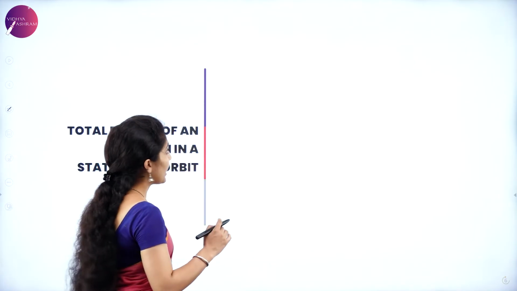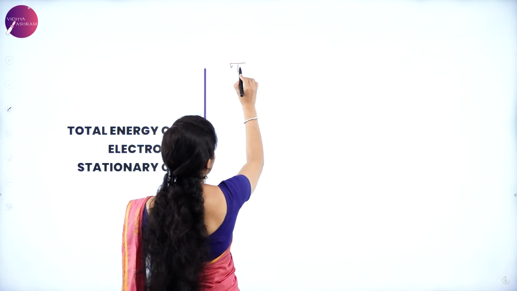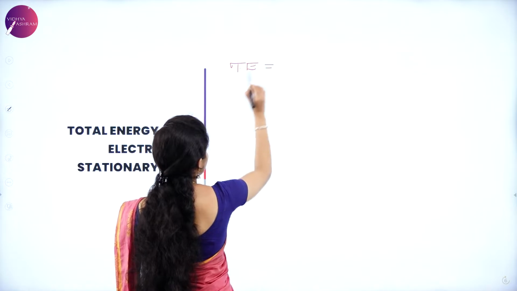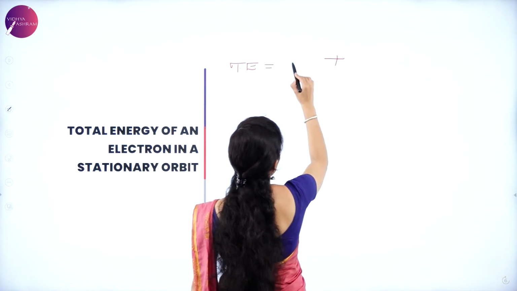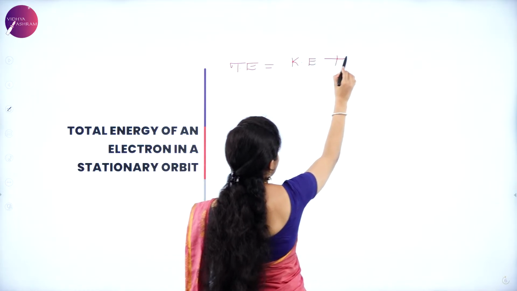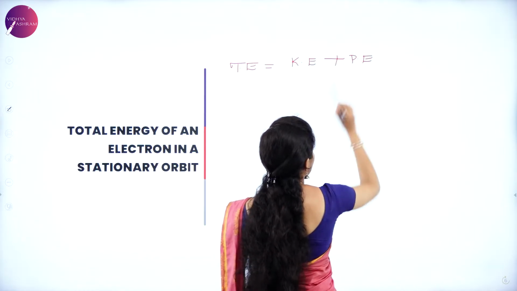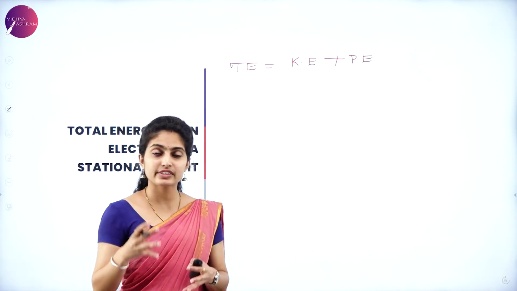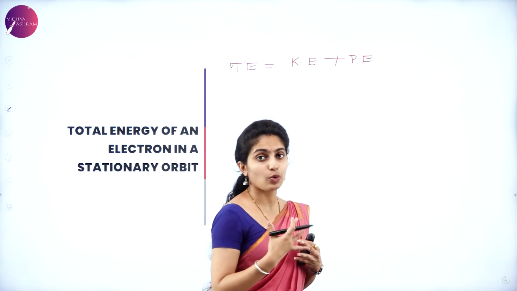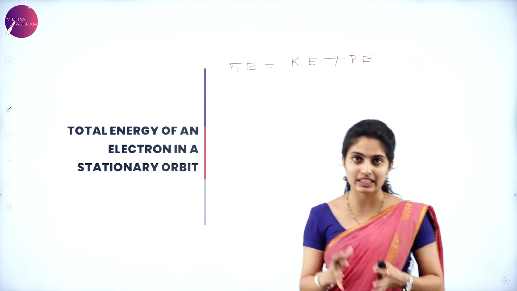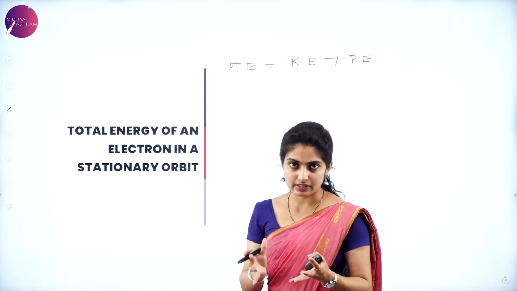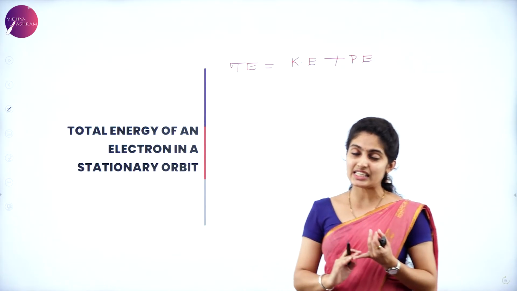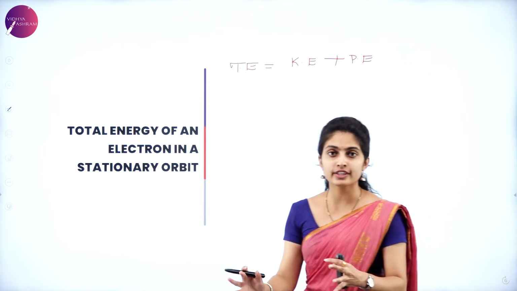Now we know that the total energy we are supposed to calculate is equal to the sum of two energies, that is kinetic energy and potential energy. As we have discussed in the earlier sessions, as you all have studied in the first PUC classes, kinetic energy is the energy of moving along with the work done.